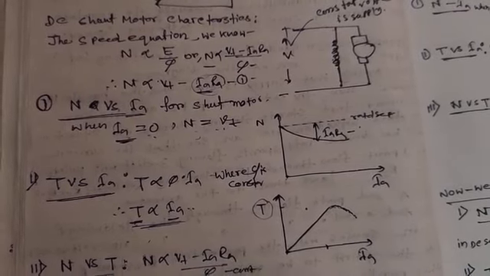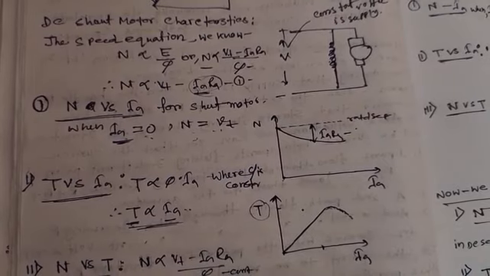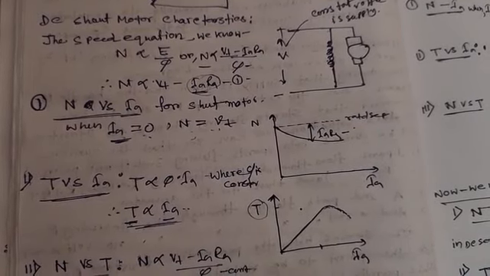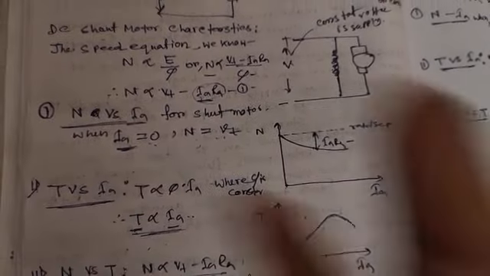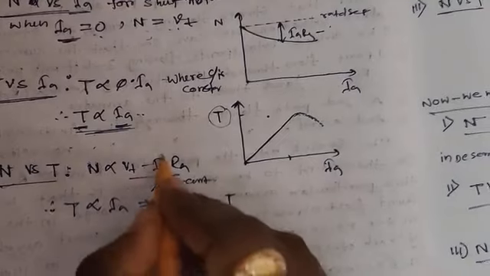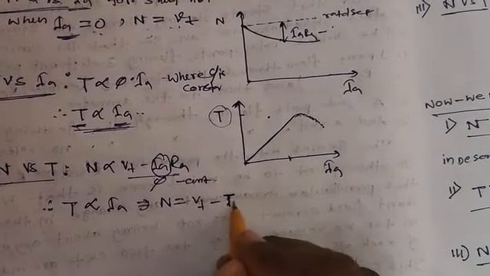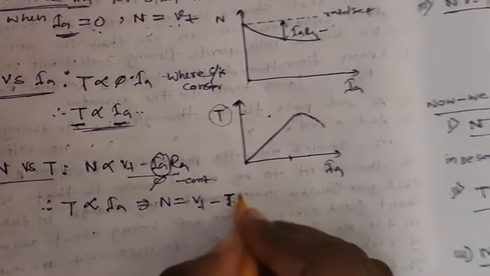N is equal to Vt minus Ia Ra. Vt minus Ia Ra, where Ia is equal to T into Ra.